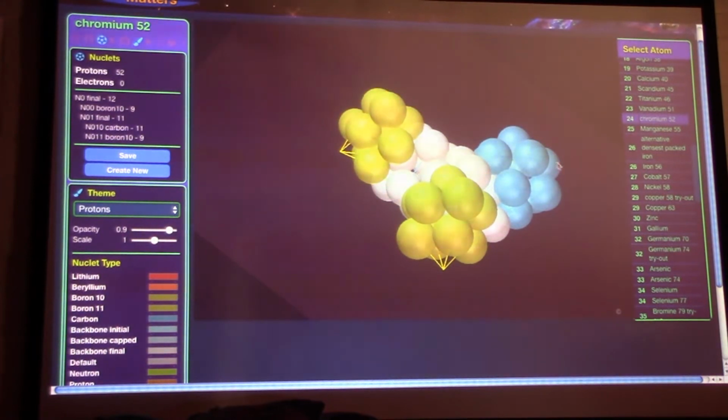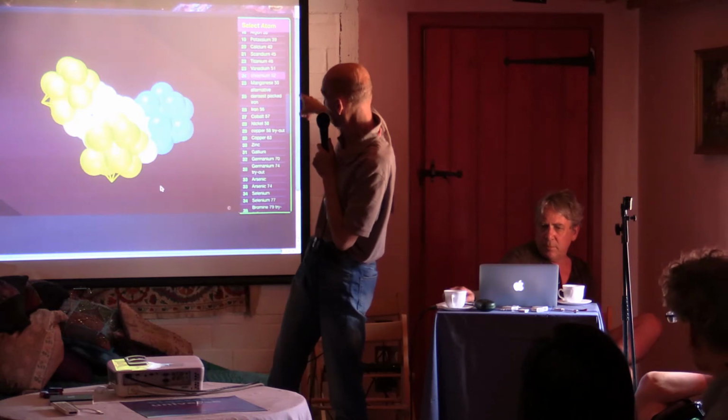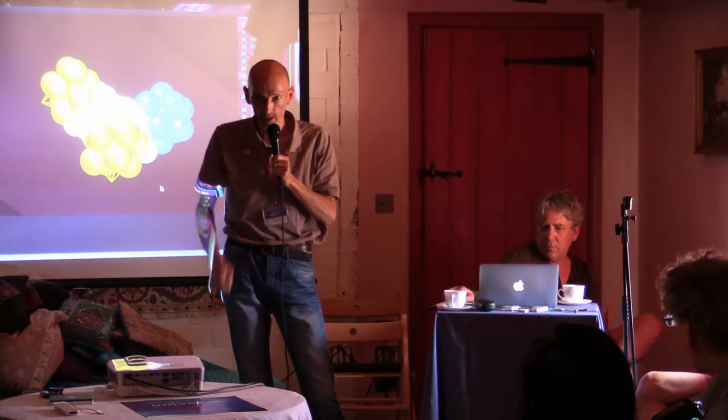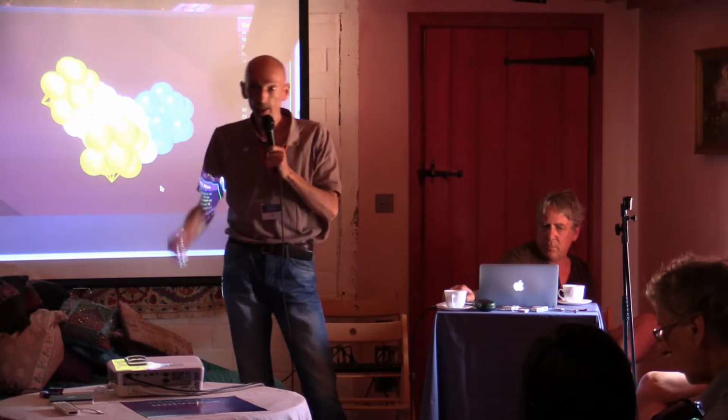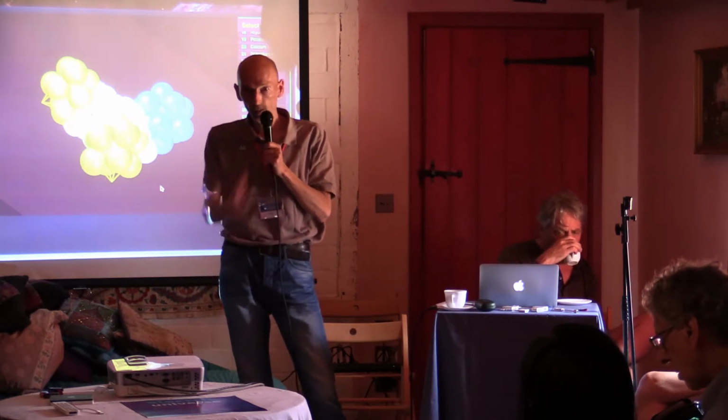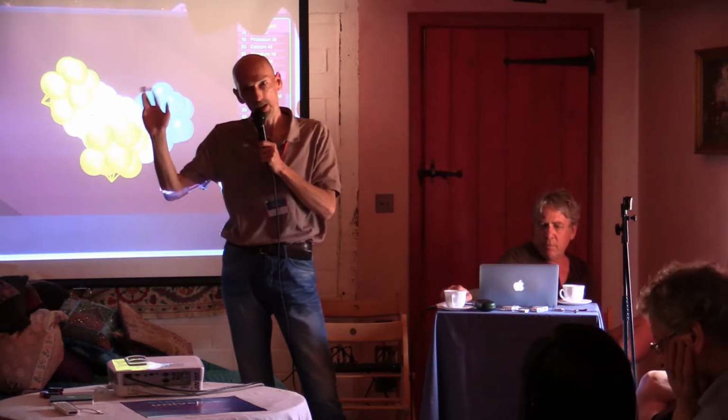Now, this is a chromium, and we know that chromium and vanadium as well, they are metals that are used in all kinds of protection for your tooling, for your hammers and your screwdrivers, etc. They're highly resistant to corrosion, they're very strong, etc. Now, why are they strong, right? Why is one alloy or metal, why does that make a strong connection, the other one doesn't?